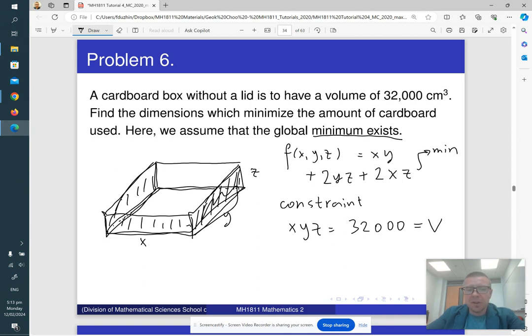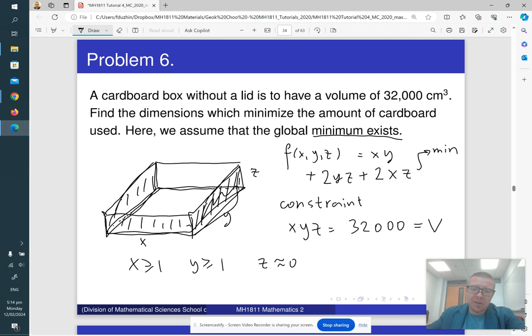Let me just mention that in this case, the region of the 3D space given by the constraint is not bounded, and the maximum actually does not exist. Which is easy to see if you think about it. If you think of a very, very large and very thin cardboard, so imagine that x is very large, much bigger than 1, y is very large, but z is very small, then just x times y is already a large number.